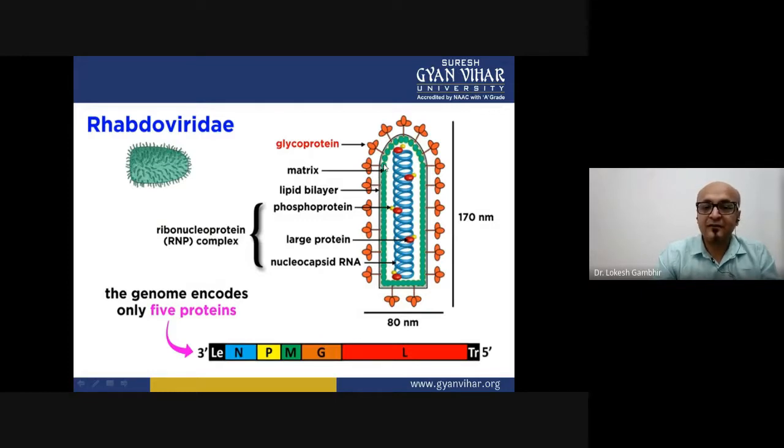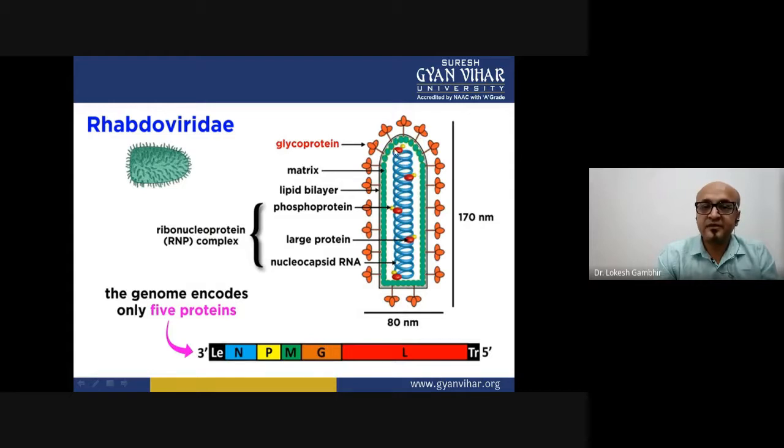Just beneath the envelope, the green zone which you are observing is a matrix. Then there is an RNA molecule, the single strand RNA molecule, which is of course a negative sense RNA molecule. Along with this RNA molecule, there are two types of proteins which are associated.